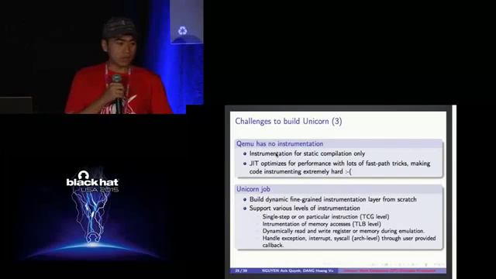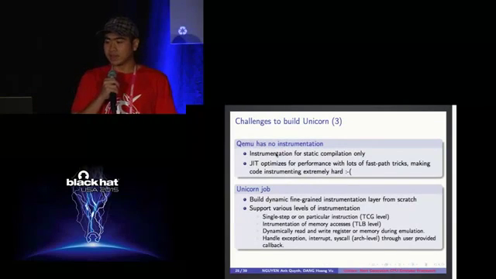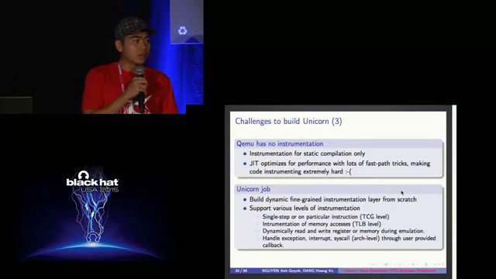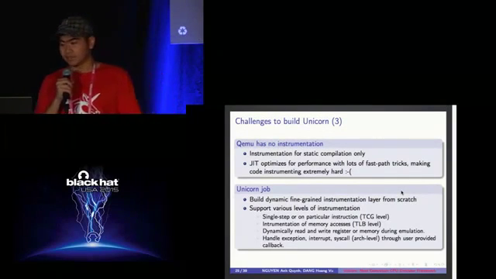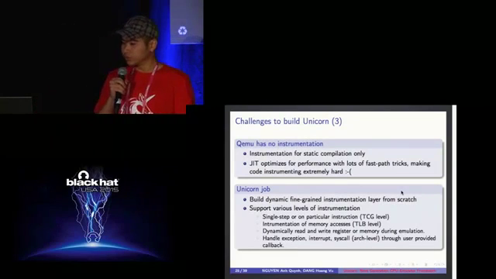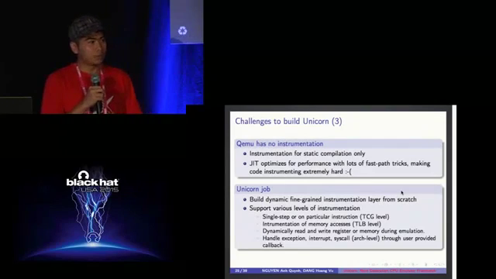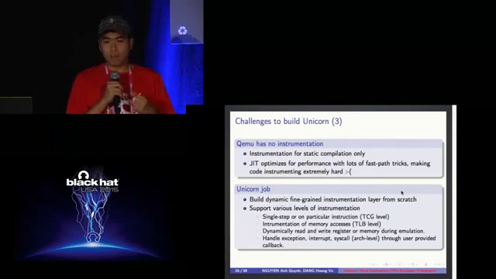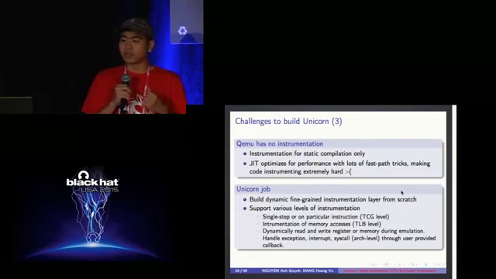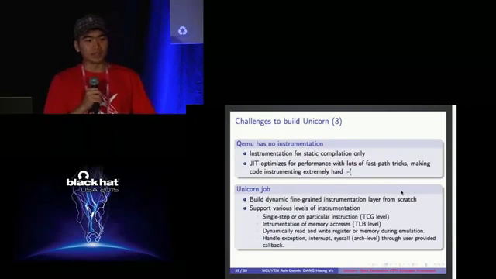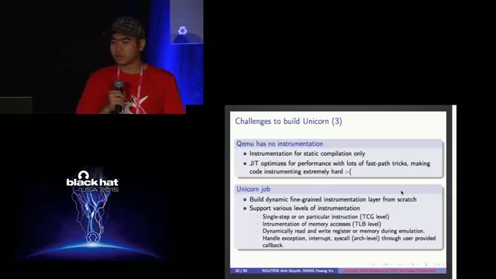So the third challenge is that QEMU has no instrumentation. Actually, it has instrumentation, but it comes as static tools. This means that if you want to instrument some instruction, you have to add your code at compile time. You add your code, it compiles into the binary, and from the binary you can execute your instrumentation code.